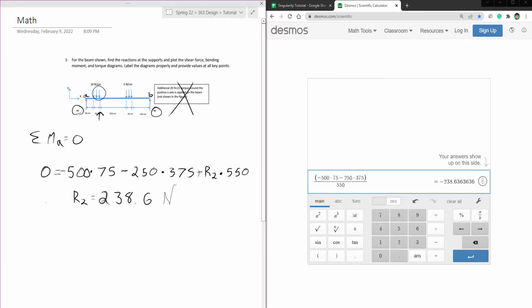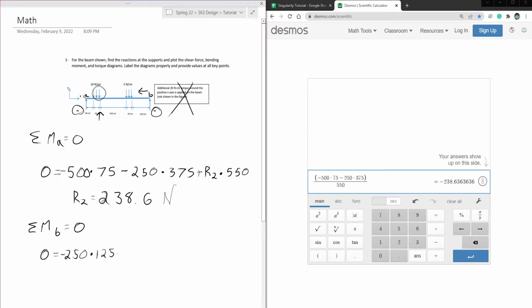Okay, now we're going to do the same thing for point B. So the sum of the moments at point B is equal to 0. So 0 equals, and just like before, we're going backwards. So we have this first force, which is 250. And it's located 125 centimeters away.